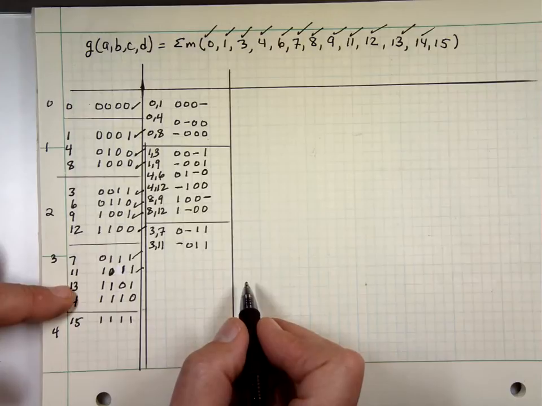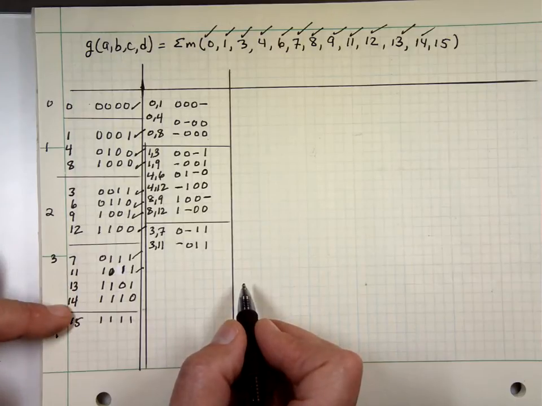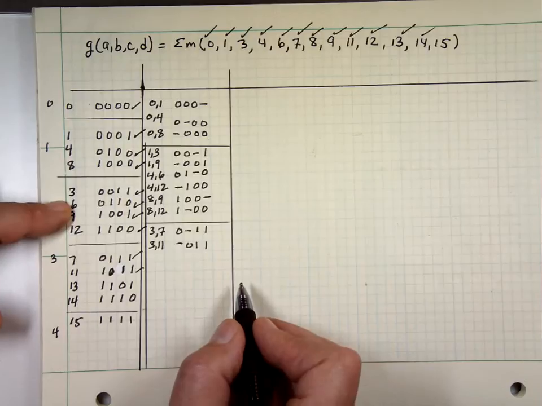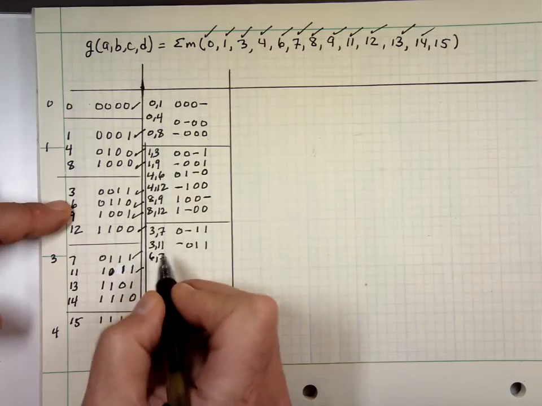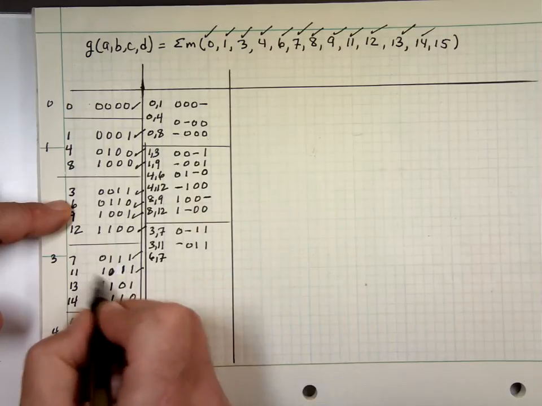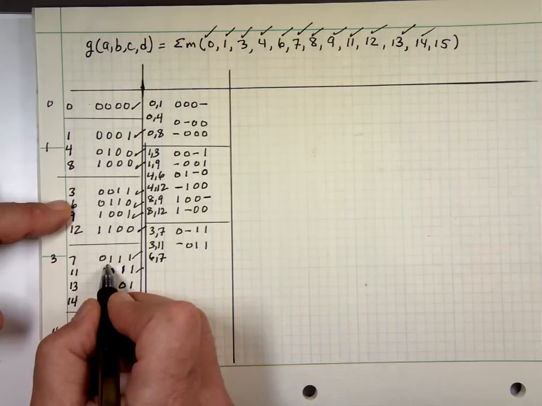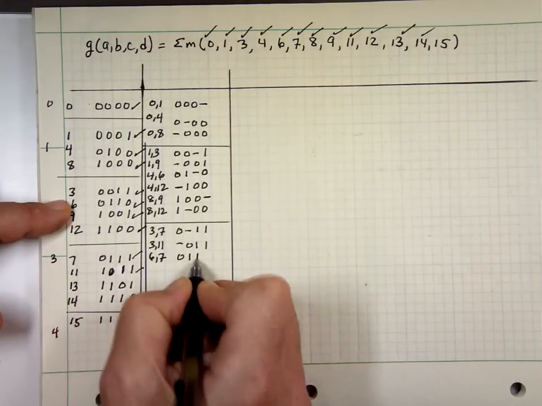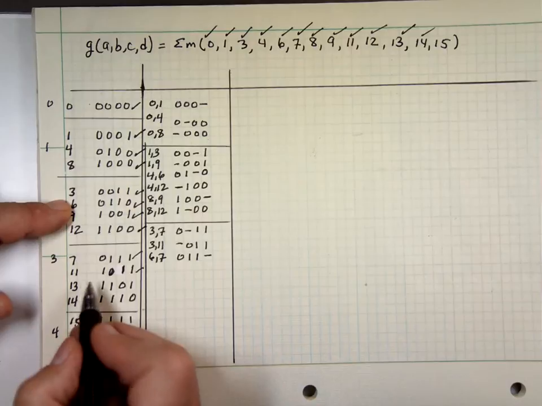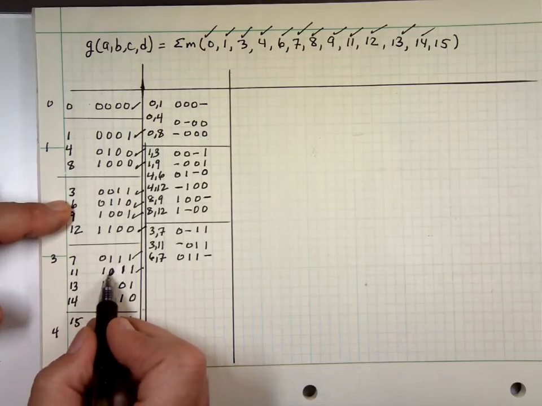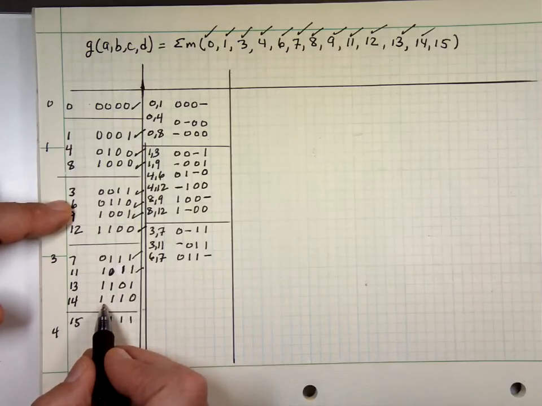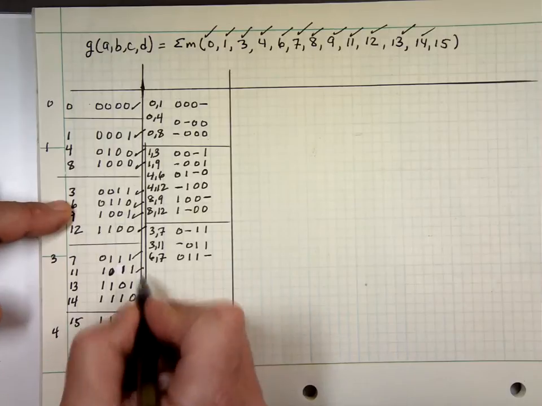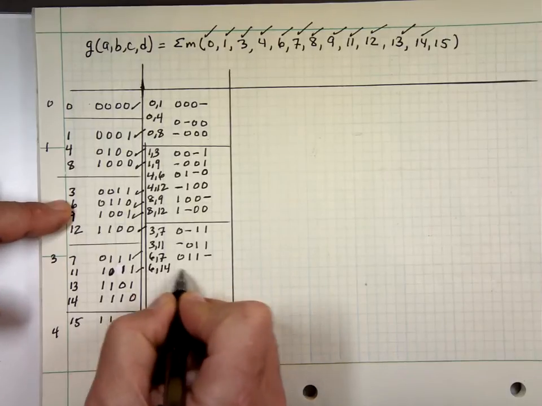How about 3 and 14? Nope. Let's go back to 6. 6 and 7. Yes. 6 and 7, that would be 0, 1, 1 dash. 6 and 11. No. 6 and 13. Nope. 6 and 14. Dash 1, 1, 0, is it?